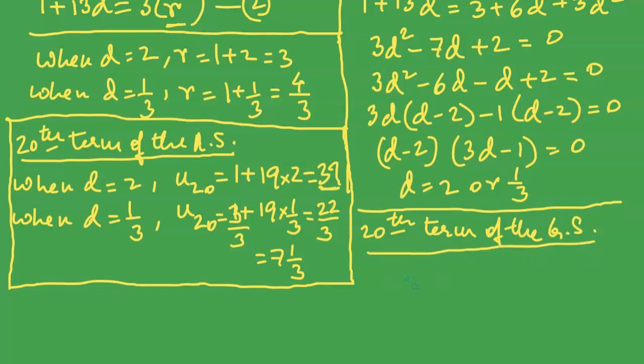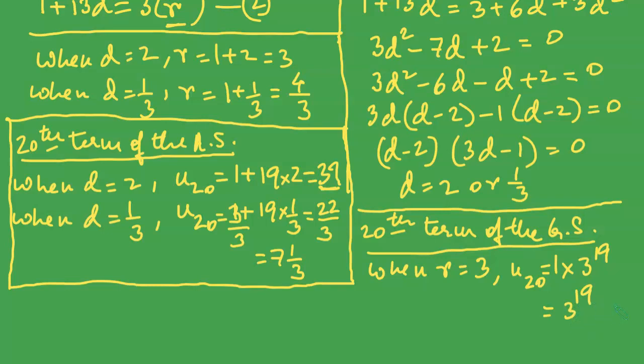Again, we will be having two cases. When r is equal to 3, u20 will be equal to 1 times 3 to the power of 19. Okay. Now, if it is a paper 1 question, then obviously this will be equal to 3 to the power of 19. And even if it is a paper 2 question, I am just showing you what is 3 to the power of 19.